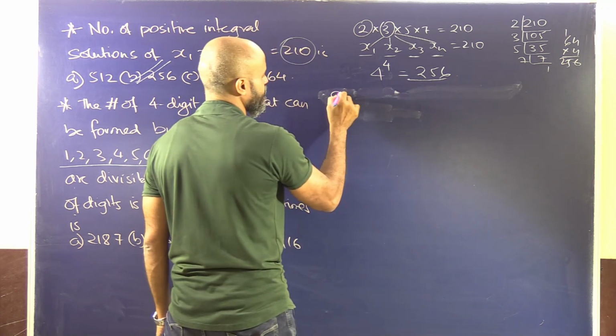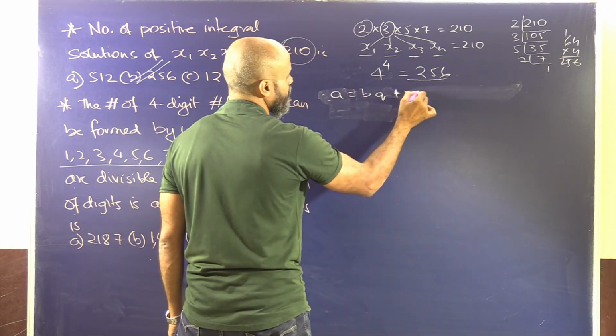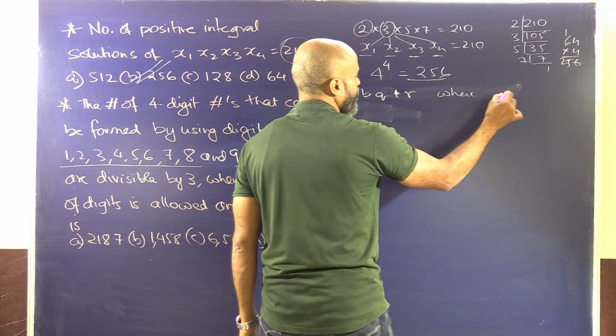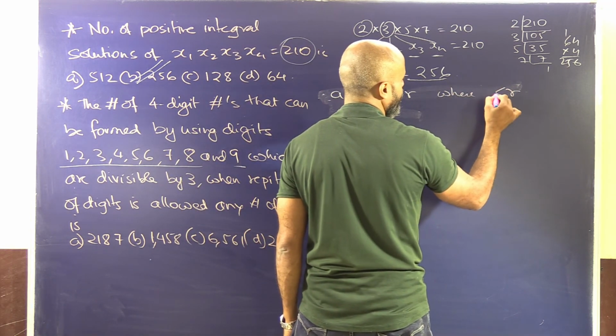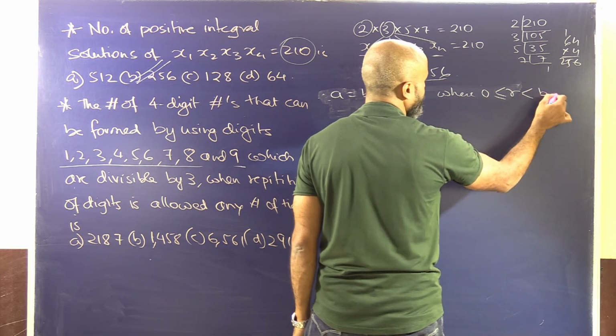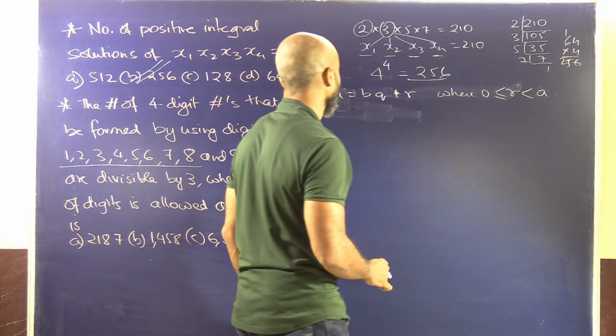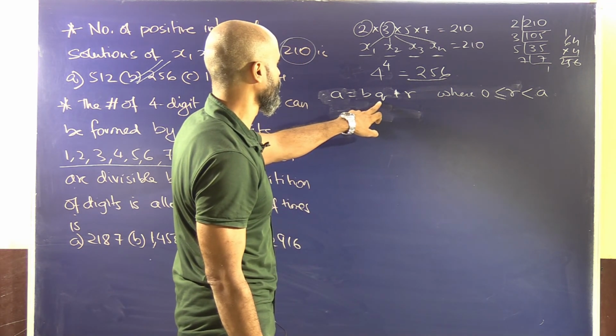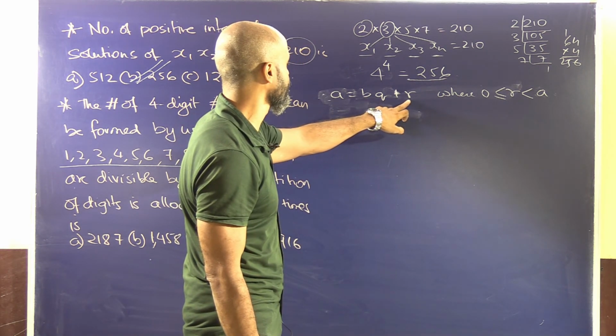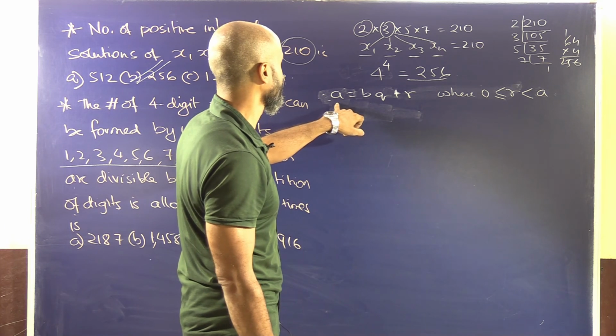Euclid's division lemma says that a is equal to bq plus r, where r is greater than or equal to 0 and less than b, the remainder is less than b.